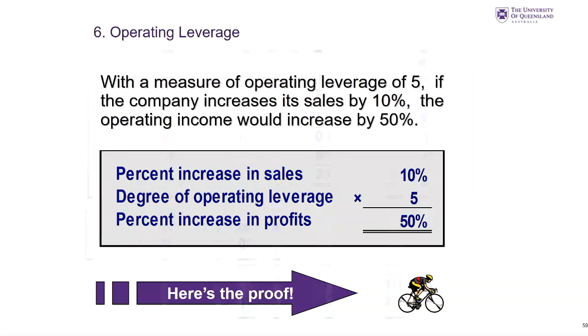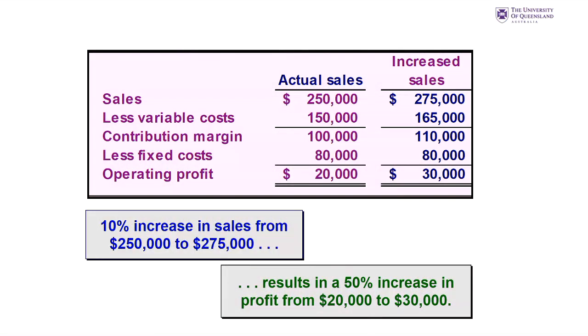So we can prove that by calculating the effect on profit of this 10% increase in sales. If we increase sales by 10%, it becomes 275. Our variable costs also increase by 10% because that's the nature of variable costs.